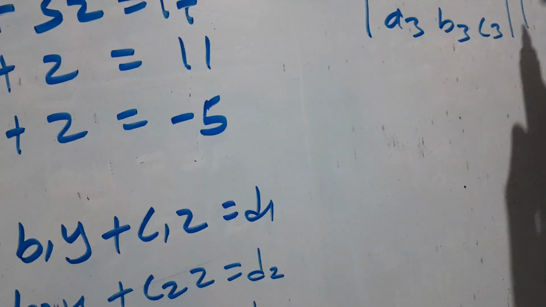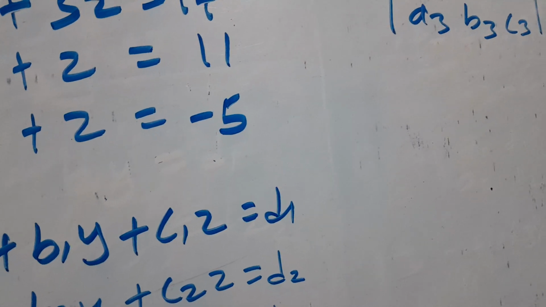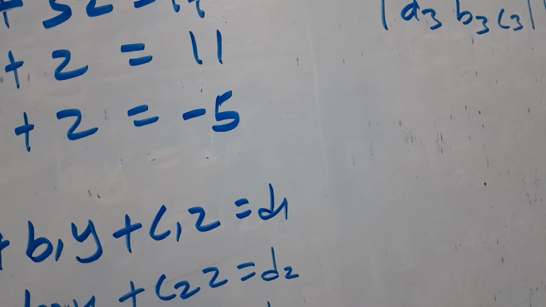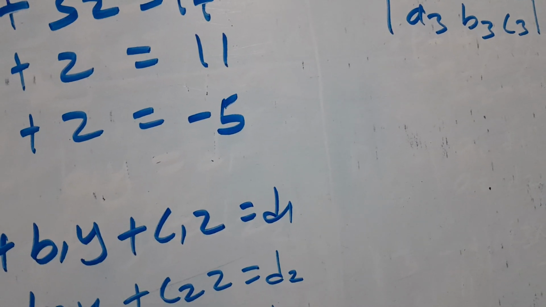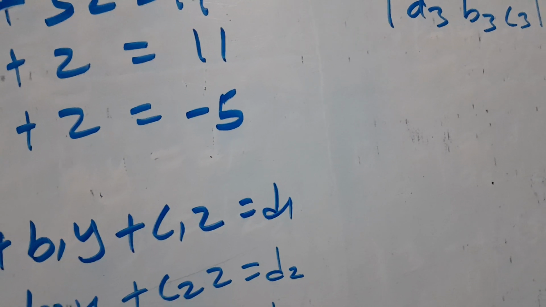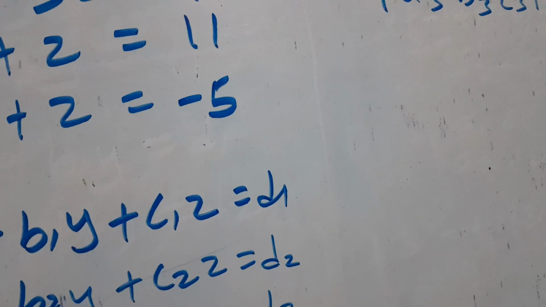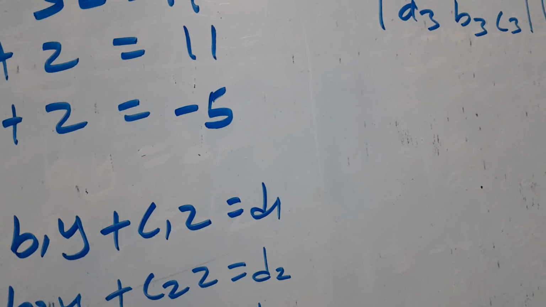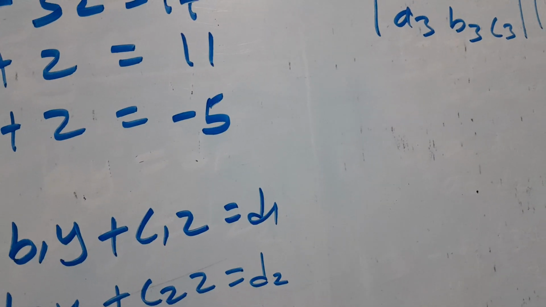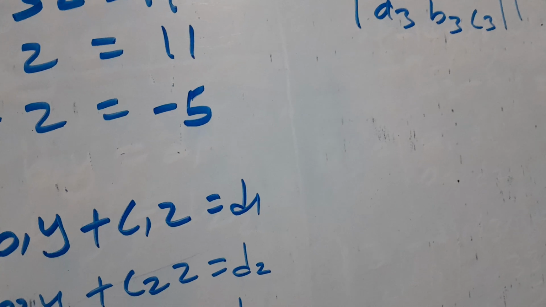In our example, we have a1 as 1, a2 is 3, and a3 is 1. We have b1 is 2, b2 is 2, and b3 is negative 5. We have c1 is 3, c2 is 1, and c3 is 1.